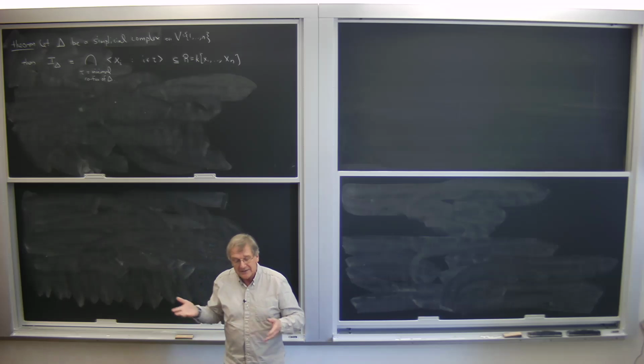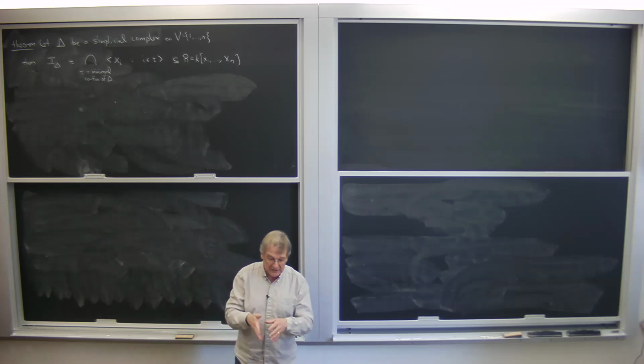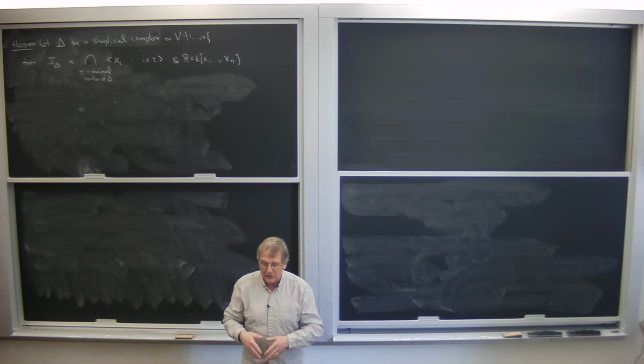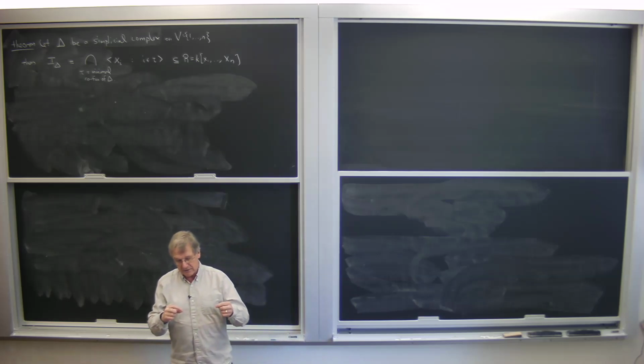So that means, in fact, that it is a prime that is larger than the ideal. It might not be a minimal prime, because if there's a smaller set that does it, that's also a vertex cover. So the minimal vertex covers are going to somehow be the minimal primes of this thing.